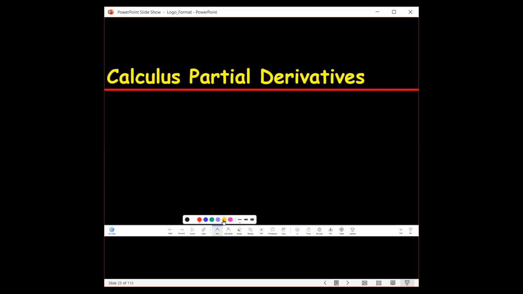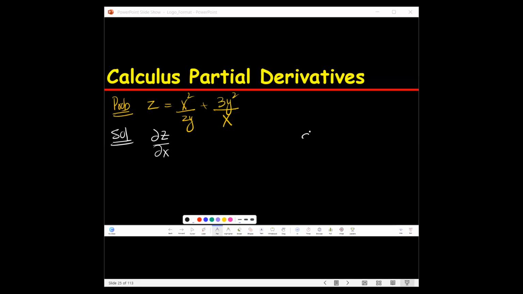Let's take a look at another problem. This time the function is getting a little bit more complicated than the previous one. The function is already given in z, so I'm writing this.